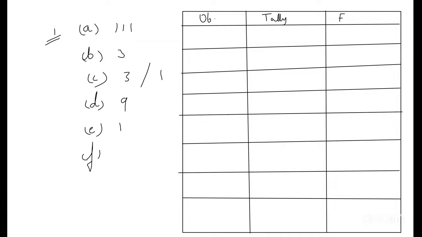The observations start from 3, 5, 6, 7, 8, and 9. For 3, the frequency was 1, then 4, 4, 5, 6, and 6. Now, ma'am, the families who have 5 members, they're the most. That's why we wrote 6 families.